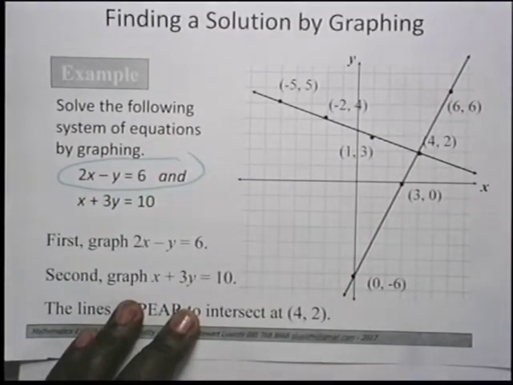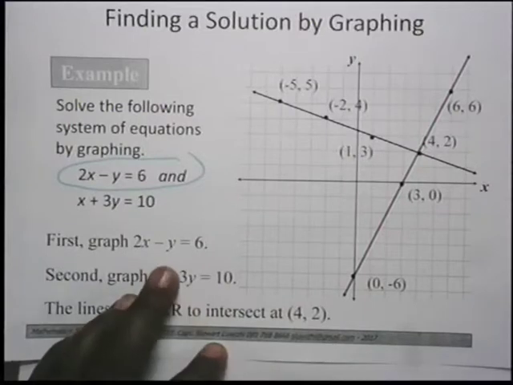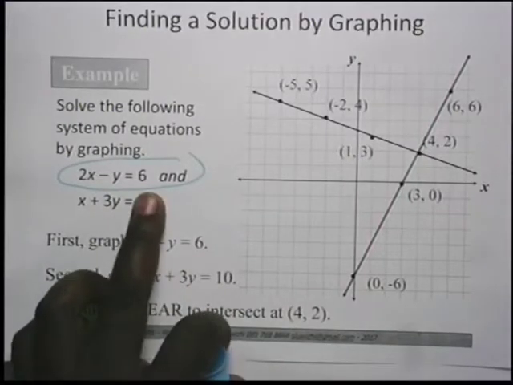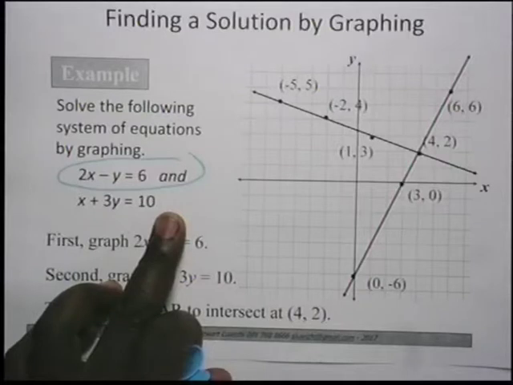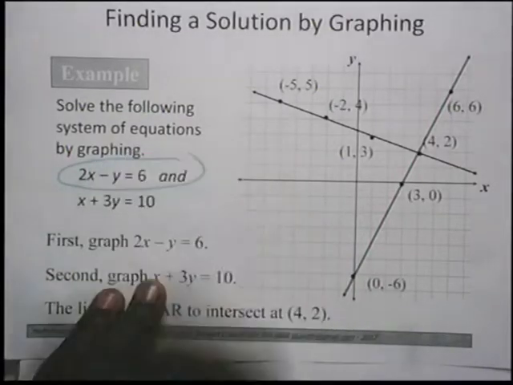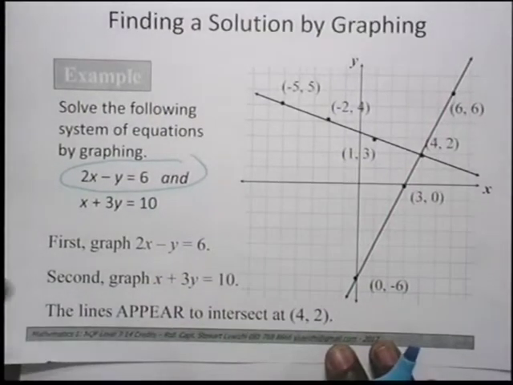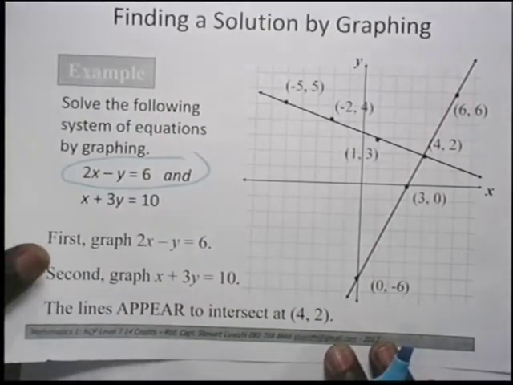What we do here is we can easily find points by assuming one of the variables is 0. Let's say we take our x to be 0.